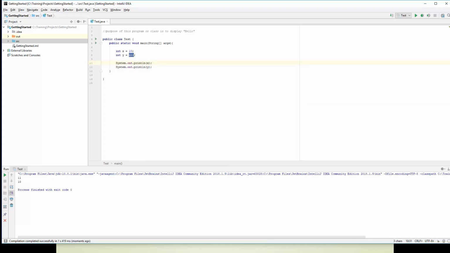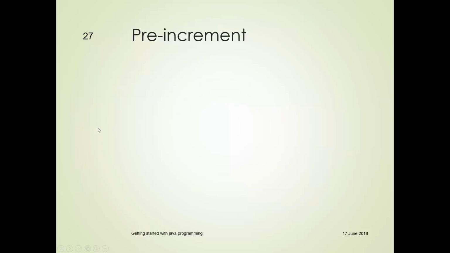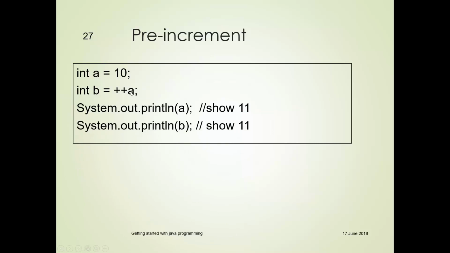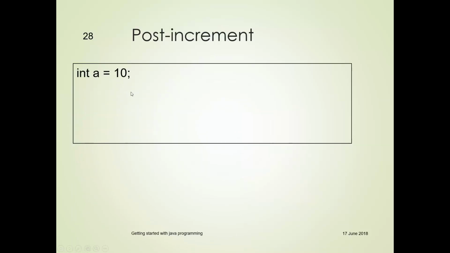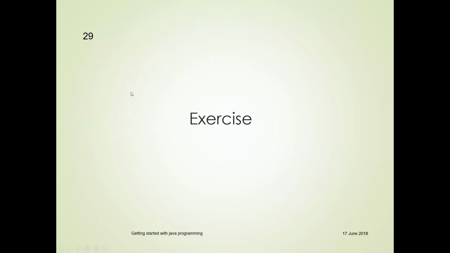Similarly we can use the unary operator minus minus also. When we use the plus plus unary operator before the variable, it is called pre-increment, and if I use it after, it is called post-increment. Okay, fine.